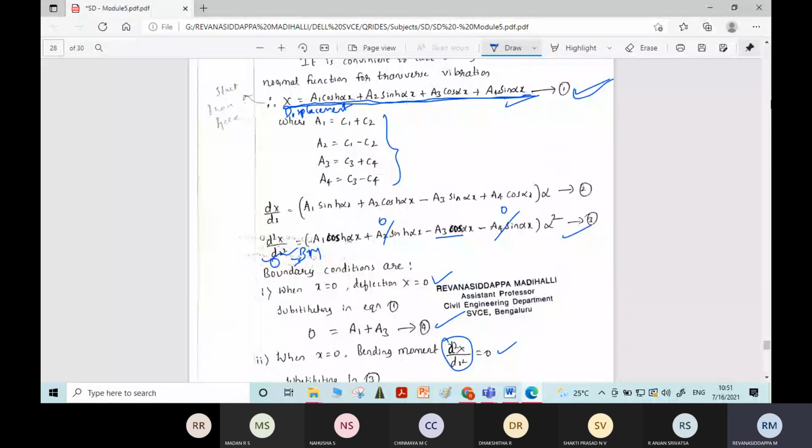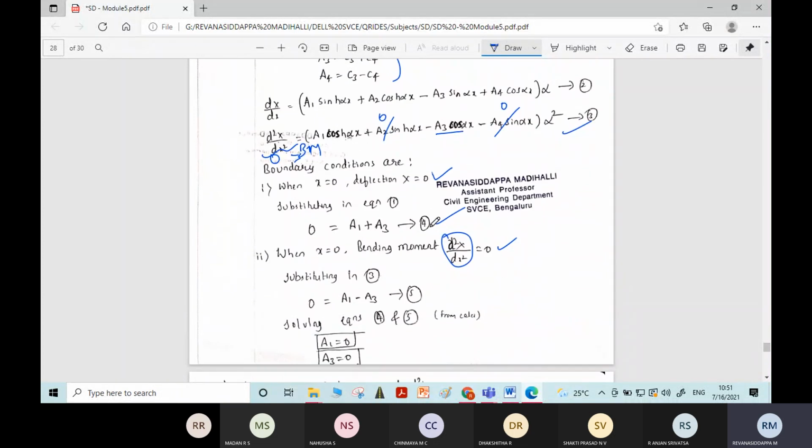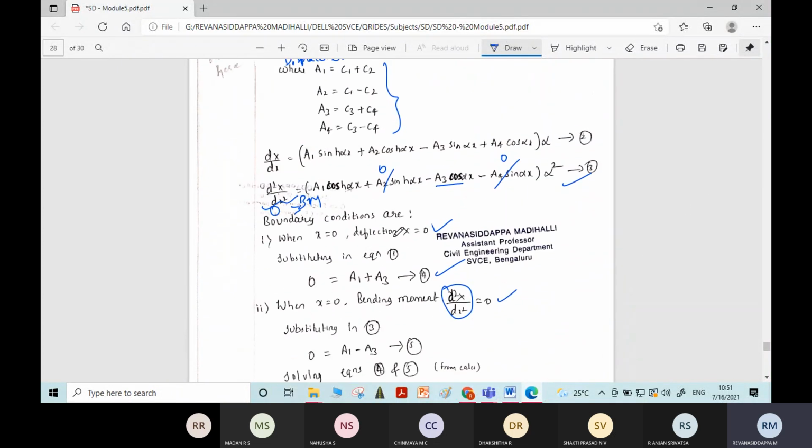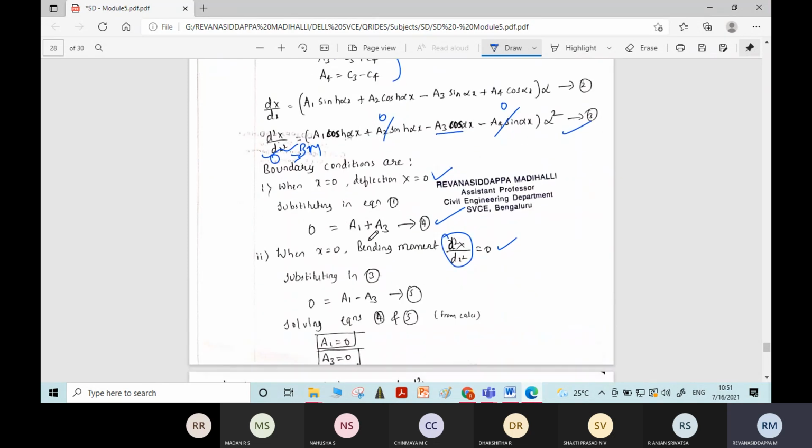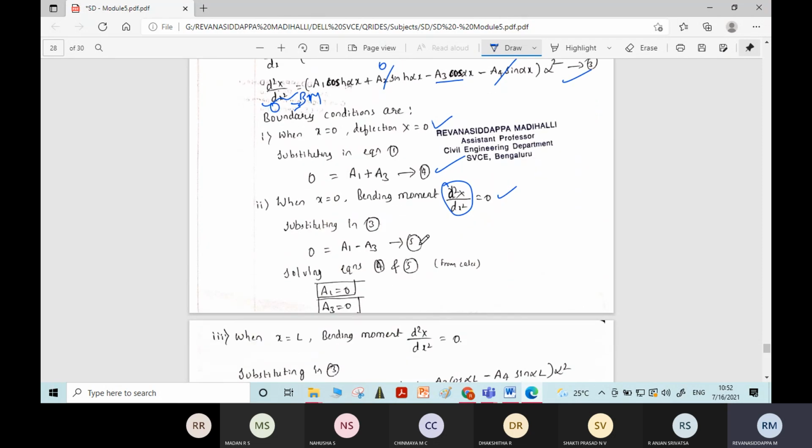Okay, we'll continue. By taking at x equal to 0, deflection x equal to 0, we get this expression 0 equal to a1 plus a3. By taking the second condition, at x equal to 0, bending moment d square x by dx square equal to 0, you will get one more expression, equations 4 and 5.